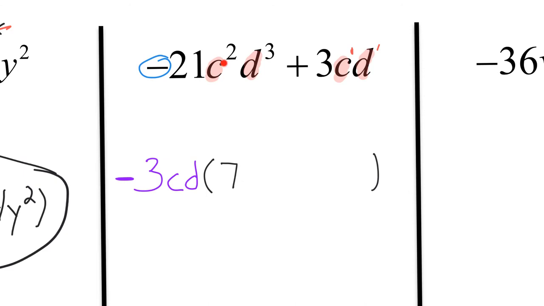You guys have a c squared, but you guys took out 1 c. So that means you guys only have 1 c left inside. You have a d to the third power, but we took out a d to the first power. So you only have a d squared inside, because from 3 you took out 1, so that's a squared. And now you guys divide positive 3 divided by negative 3.